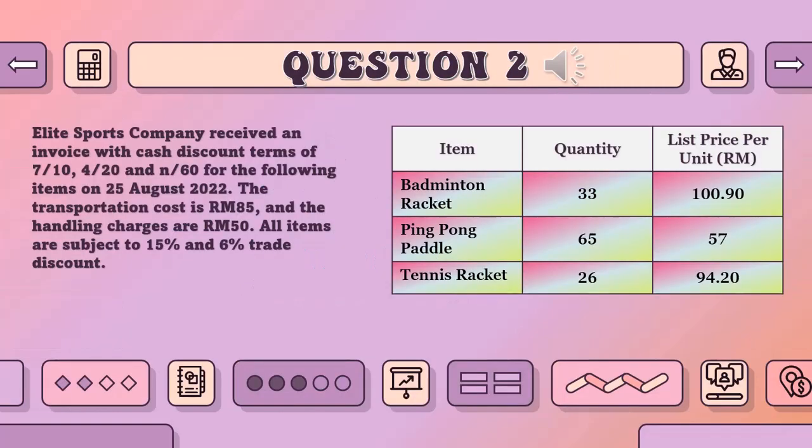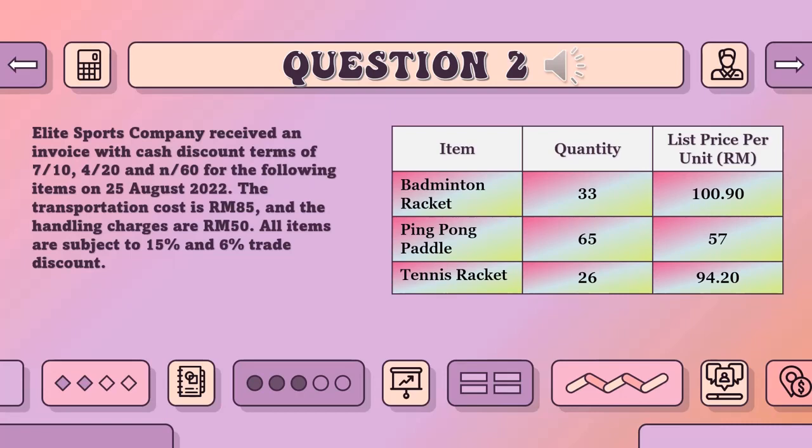Question 2. Elite Sports Company received an invoice with cash discount terms of 7/10, 4/20, and N/60 for the following items on the 25th of August 2022. The transportation cost is 85 ringgit and the handling charges are 50 ringgit. All items are subjected to 15% and 6% trade discount.